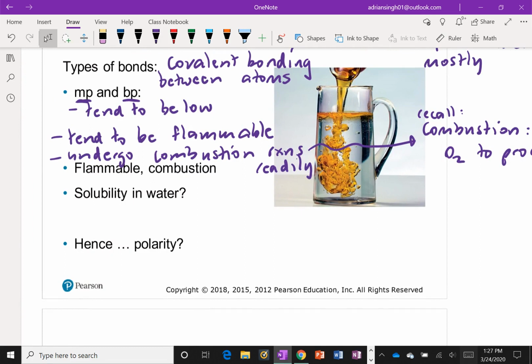Your organic compounds, in terms of their solubility in water, tend to be insoluble.